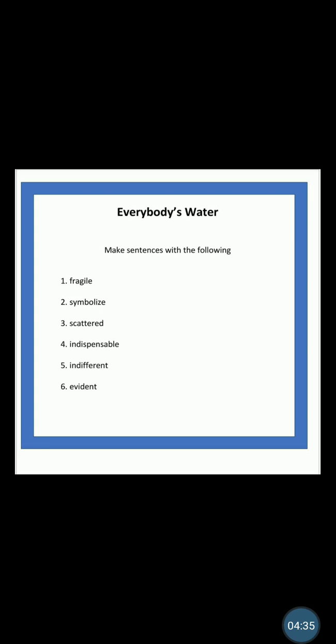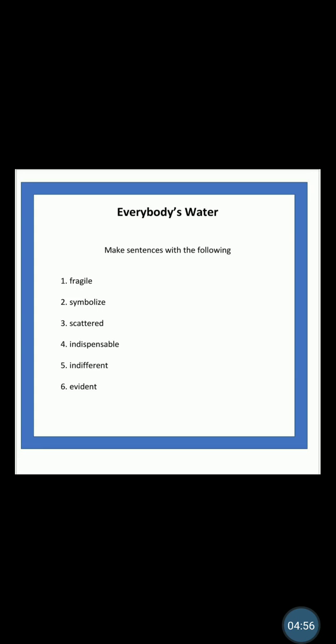What else can you make with scattered? While I was walking, all the pencils in my hand just slipped from my hand and scattered on the ground. So scattered means anything which just goes in all directions.